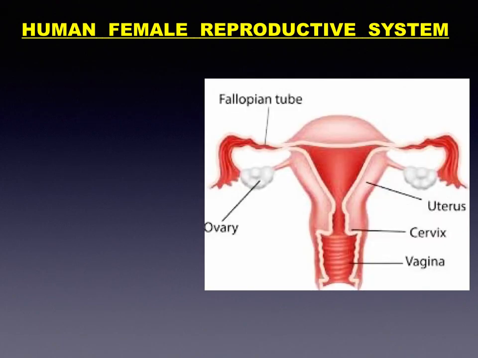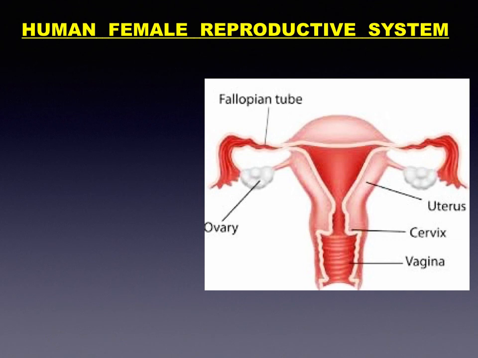Next we shall see the human female reproductive system. All the organs of the female reproductive system are in the abdominal cavity. It includes a pair of ovaries, a pair of oviducts, a single uterus and a vagina. Ovaries are the source of ova, that is, eggs.